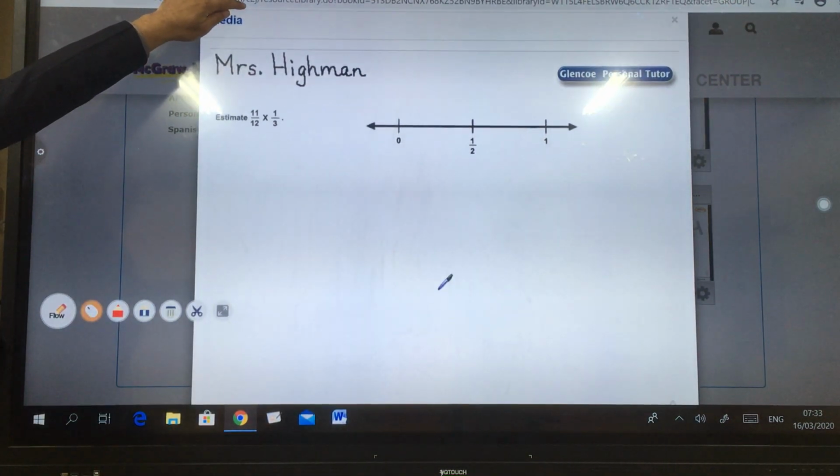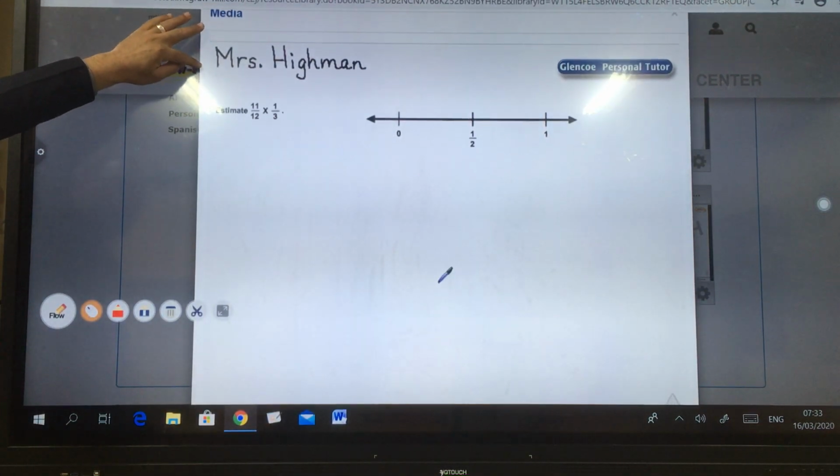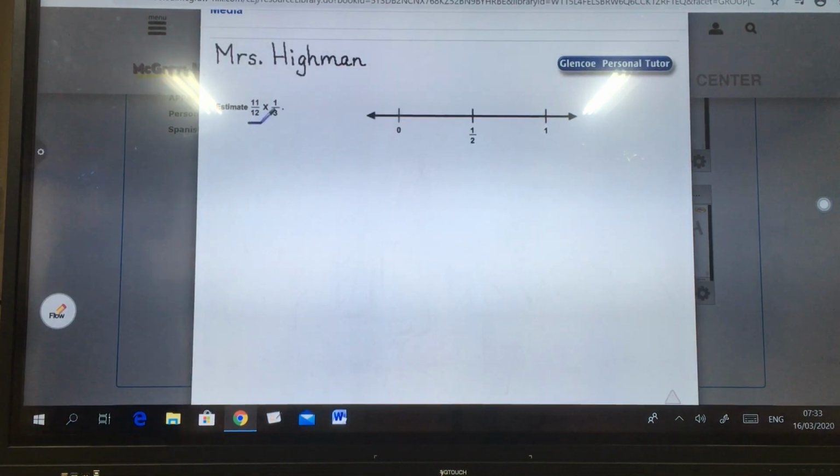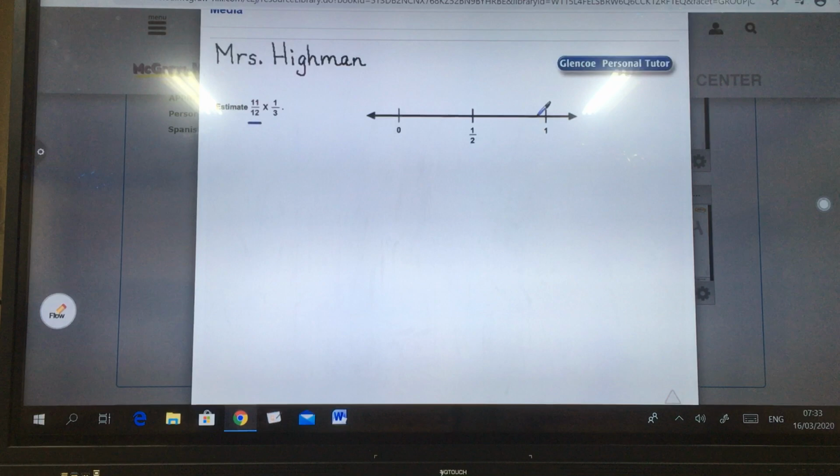Hello, this is Mrs. Hyman. We're going to estimate by rounding to 0, 1/2, or 1. Estimate 11/12 times 1/3. Our fixed fraction, 11/12. The numerator and denominator are almost equal. 11 is very close to 12. And if it were equal, that would be 1. So we know that 11/12 is very close to 1.